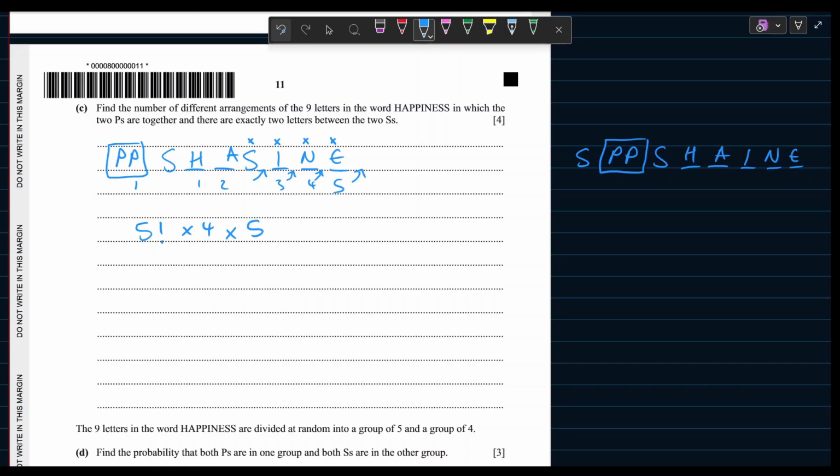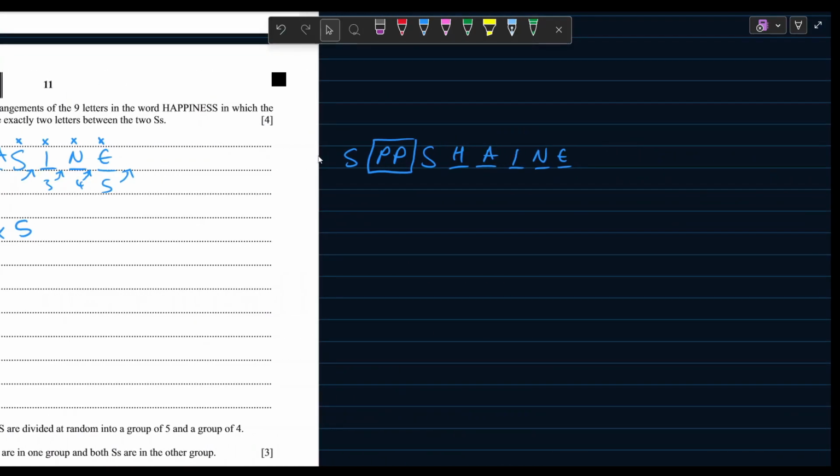Okay. And then coming to this second scenario here, the P block is stuck in between the S's, right? It's the only thing that can be there. So in fact, I should probably just block this as well. And so essentially we're rearranging 1, 2, 3, 4, 5, 6, because I want to fix the P block in between the two S's.